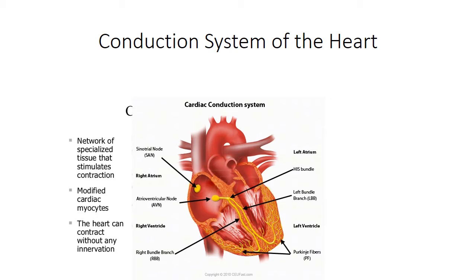See, on your left, the left part of this picture from your point of view, is the right half of the heart if the individual is standing facing you, right? And the upper part of this individual's right half is the right atrium, and you see there is this bright golden colored spot in the right atrium.